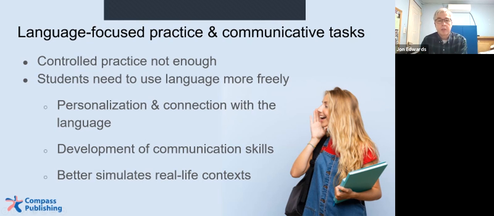They also need to develop communication skills. So like we talked about before, when students are equals in the communication task, then they're actually practicing skills like negotiating meaning or asking for clarification. So it better simulates real life contexts that they will actually encounter later in their life.